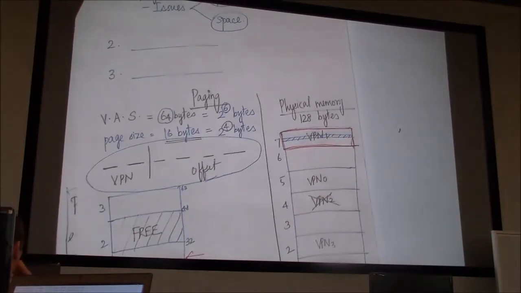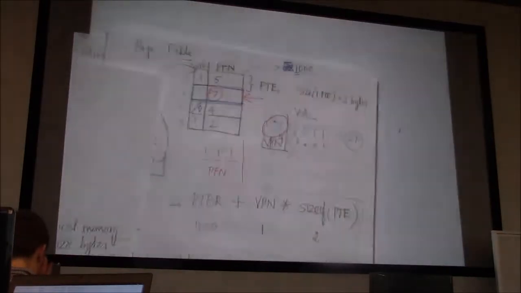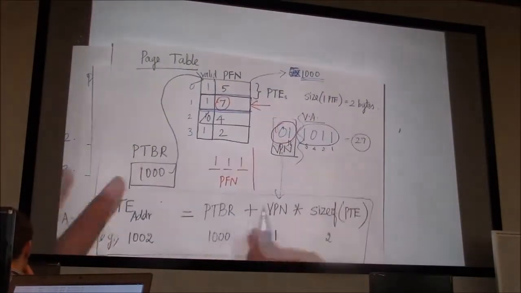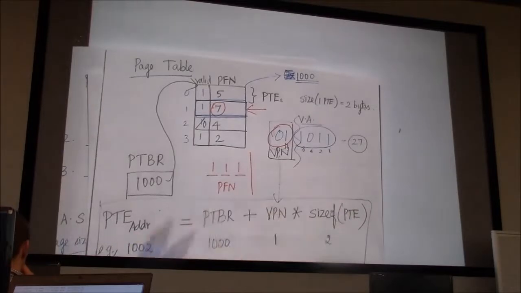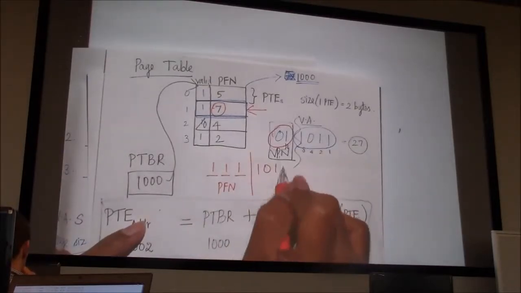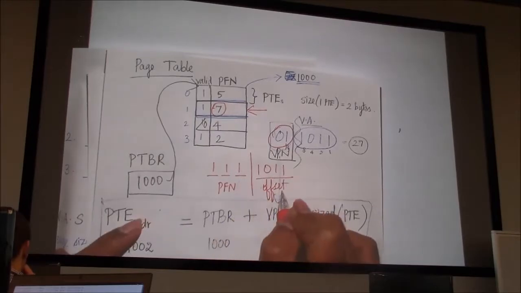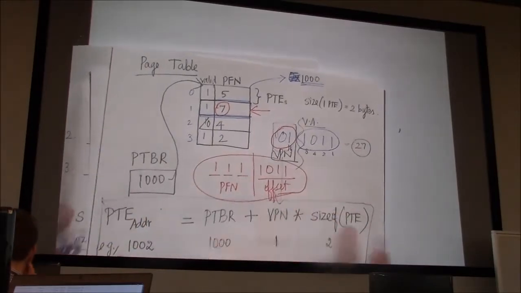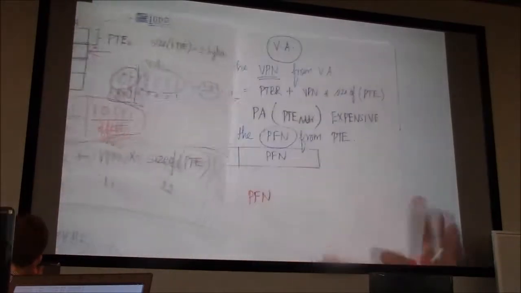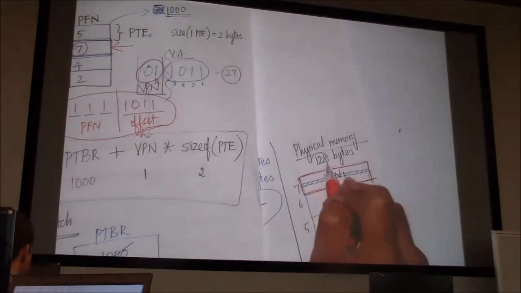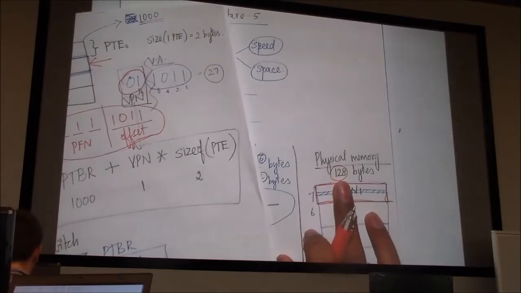And since it is going to be at the same offset, all we are going to do is take this particular offset from here as it is and just append it here. So it's just going to be 1011, which is the offset. Now you look at this as a 7-bit number, because you need 7 bits since the total size of the physical memory here was 128 bytes, which is 2 to the power of 7.